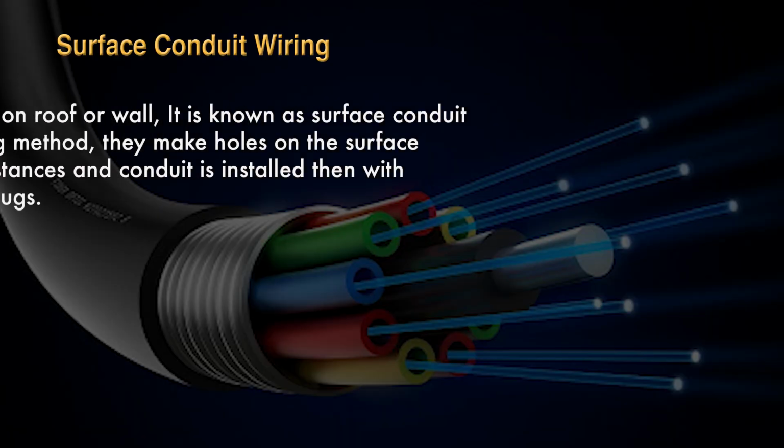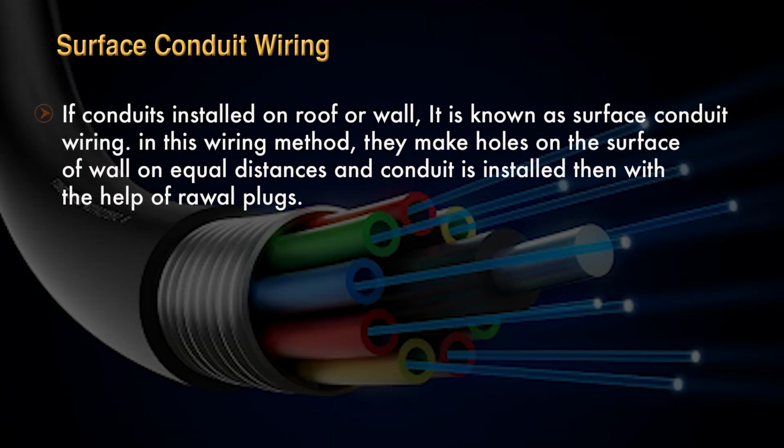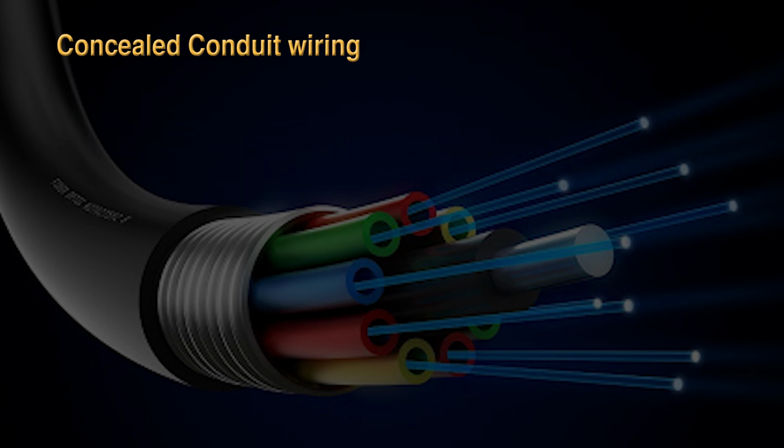Now we are going to discuss surface conduit wiring. If conduit is installed on the roof or wall, it is known as surface conduit wiring. In this method, holes are made on the surface of the wall at equal distances and the conduit is installed with the help of Rawl plugs. Now we are going to discuss concealed conduit wiring.